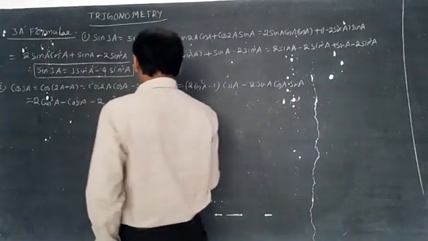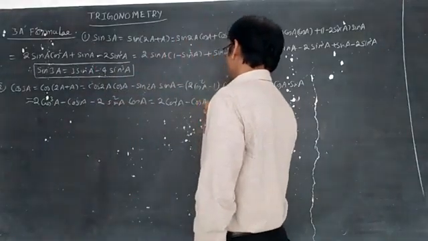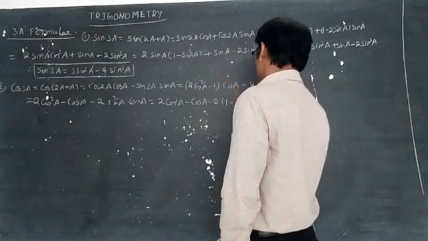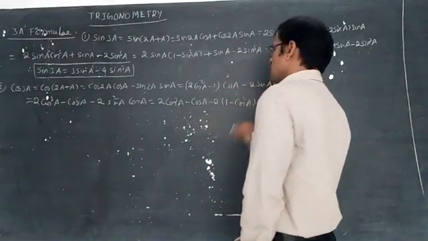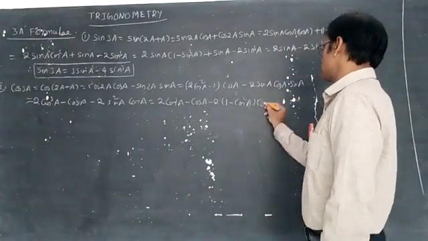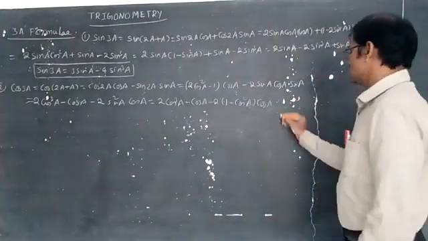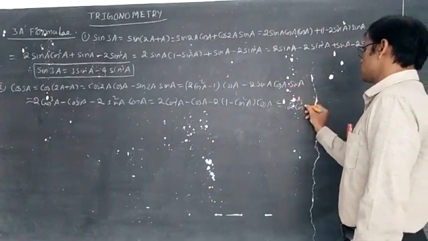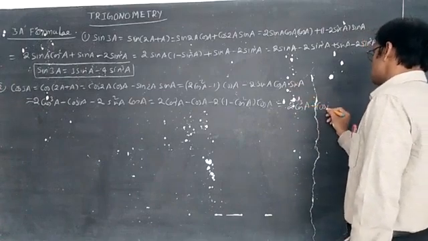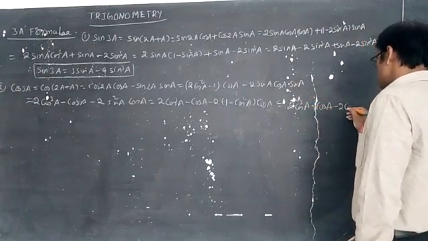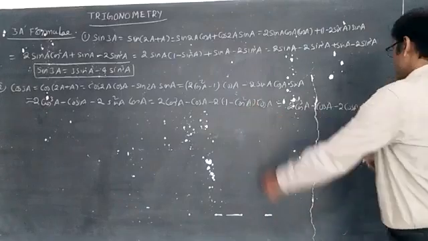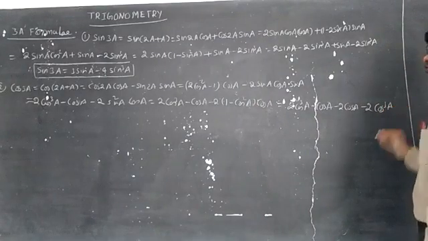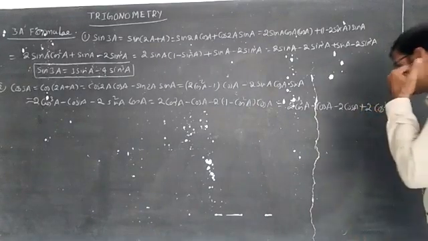That is 2 cos cube A minus cos A minus 2 into, instead of sin square A, we write 1 minus cos square A, into cos A. Multiplying here, this becomes 2 cos cube A minus cos A minus 2 cos A plus 2 cos cube A. No, it is minus of minus, it becomes a plus.